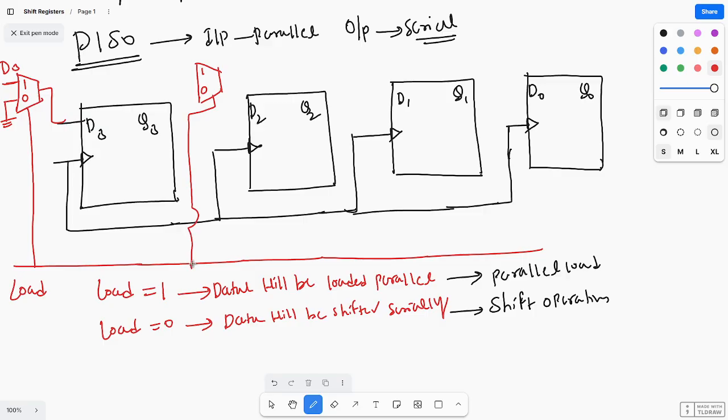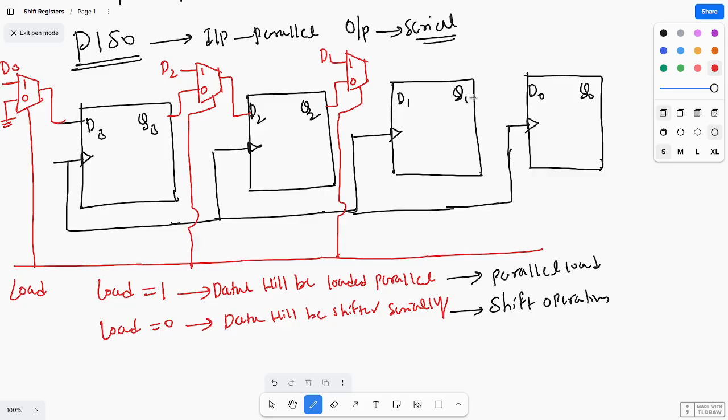Here I am giving D2, and this Q3 I am giving to this 0 pin, and this output is given to D2. Next, here also I am using one mux. This is 1 and this is 0, this is D1, and Q2 is connected to 0. Whatever the selection line is, I am connecting it with this load signal.